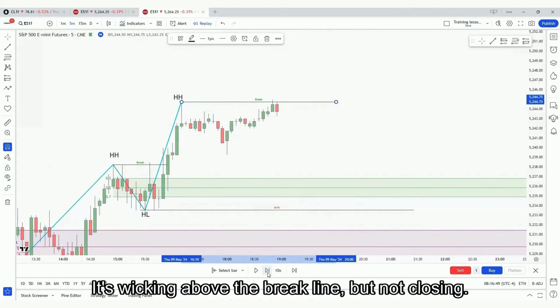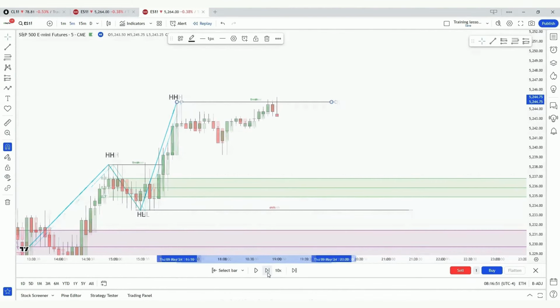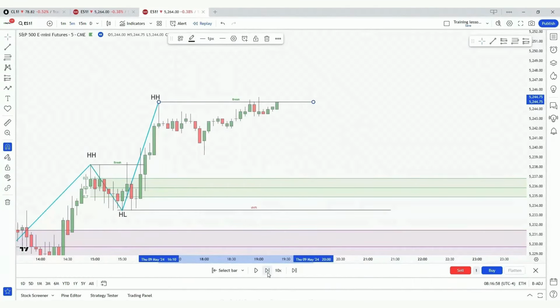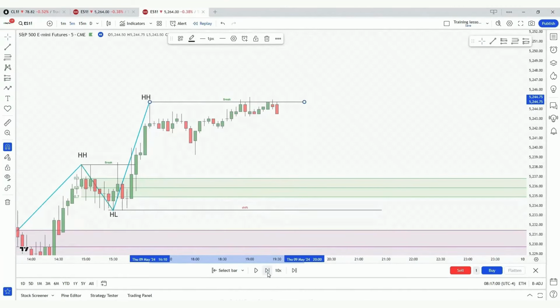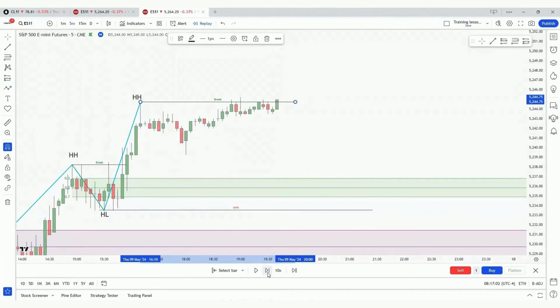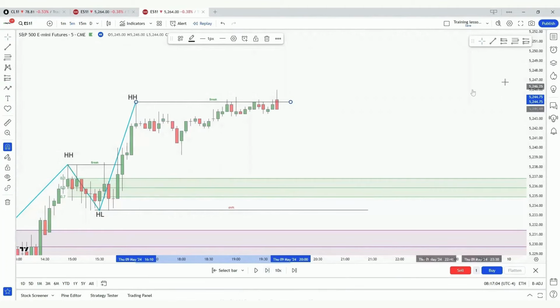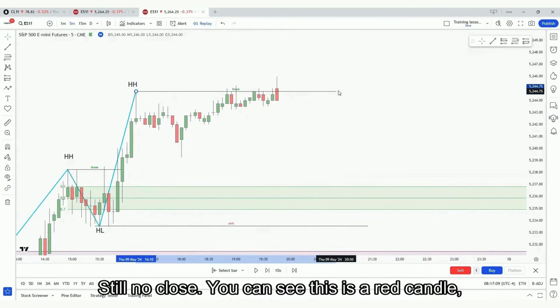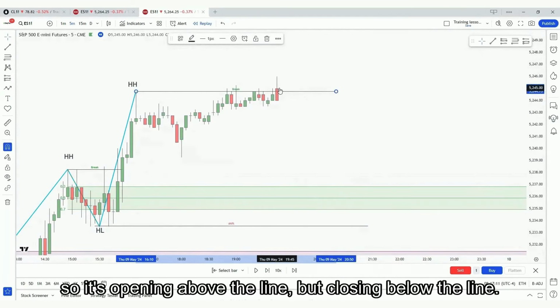It's wicking above the break line but not closing. Still no close. You can see this is a red candle, so it's opening above the line but closing below the line.